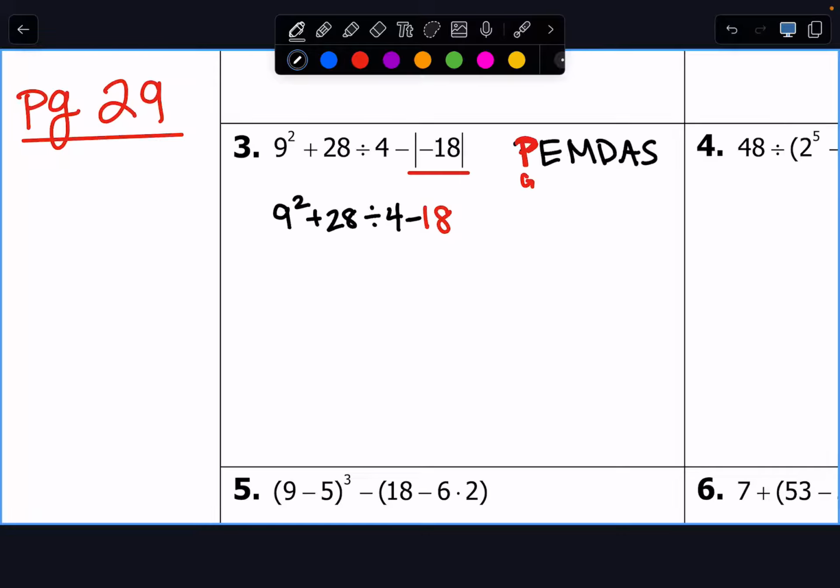Okay, so we have done our grouping in parentheses. Do we have any exponents? You betcha, right here. 9 squared, what does that mean? That means 9 times 9, which is 81.